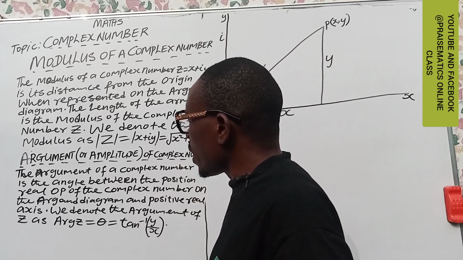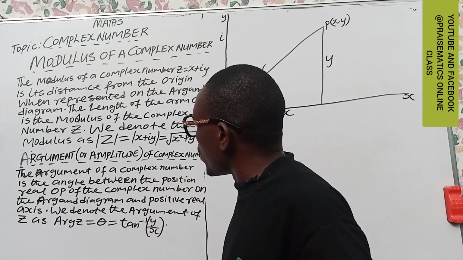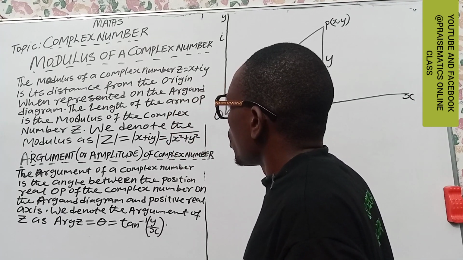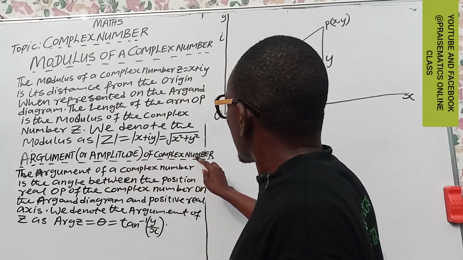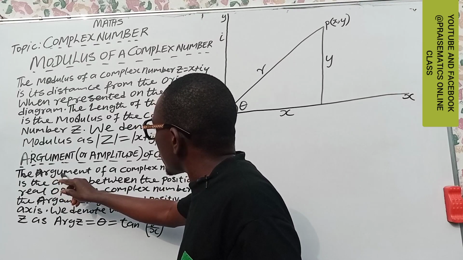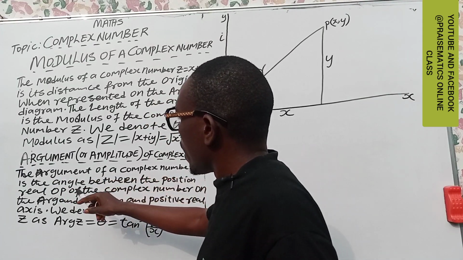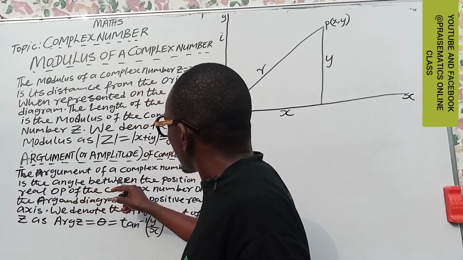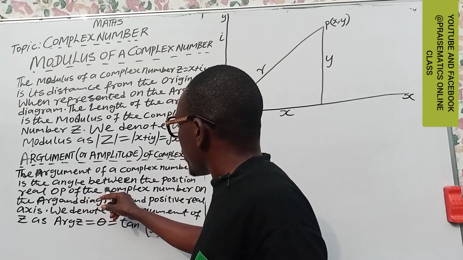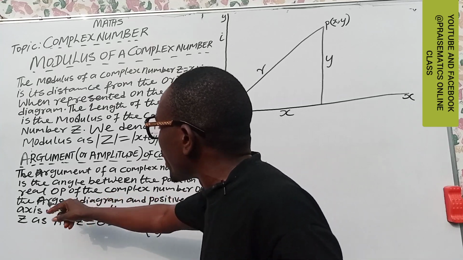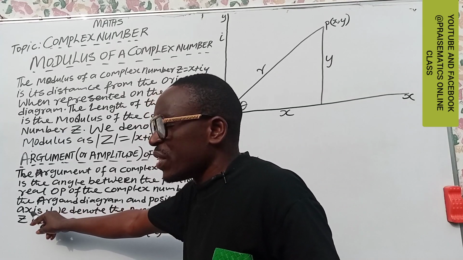Okay, now let's look at the argument of a complex number. The argument, or you call it the amplitude, of a complex number is the angle between the position vector OP of the complex number on the Argand diagram and the positive real axis.